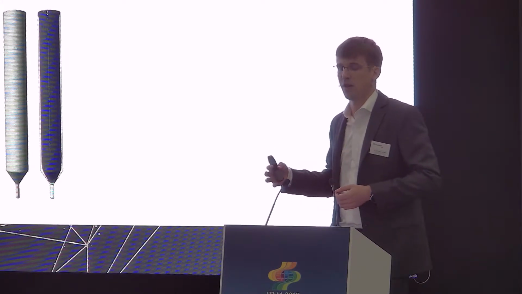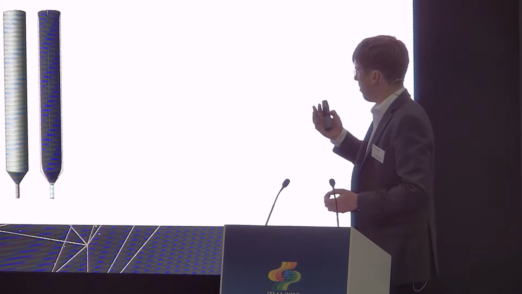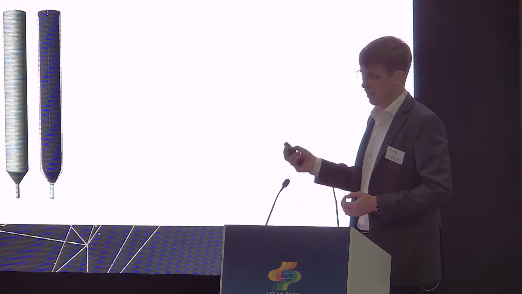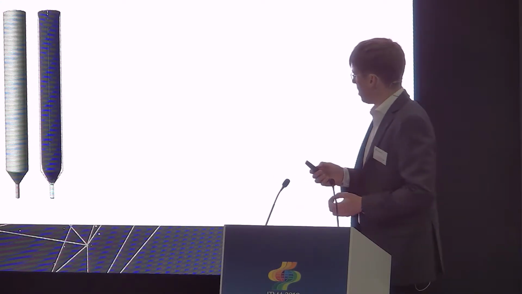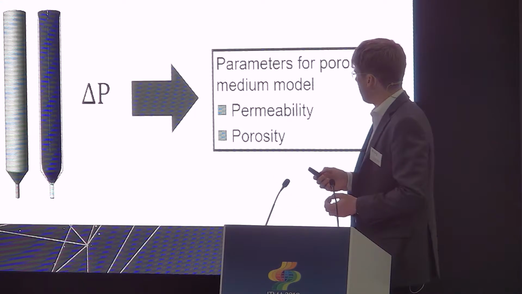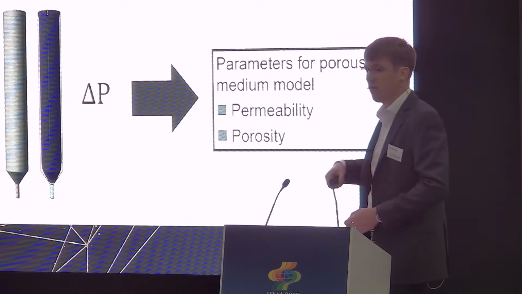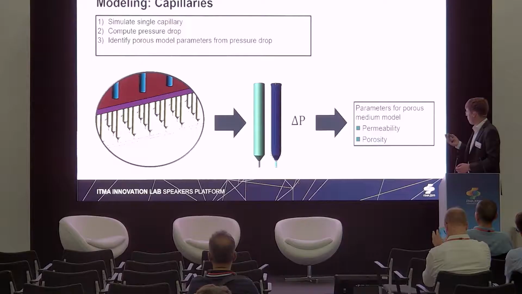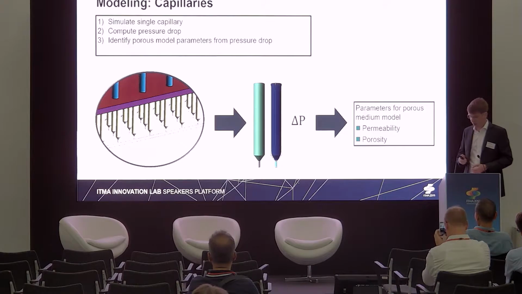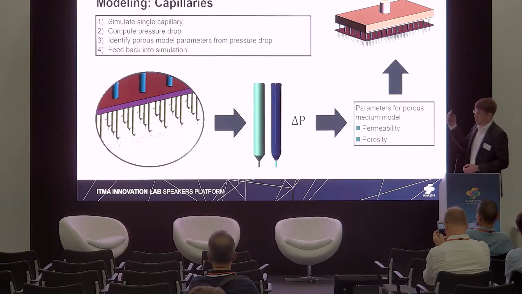If we are talking about several thousands or tens of thousands of capillaries, then we can also do something similar to the filters, a multi-scale approach, in order to capture the important properties of the capillaries, like the pressure drop, and then also use this to identify parameters for permeability and porosity, and feed this back into the full model.